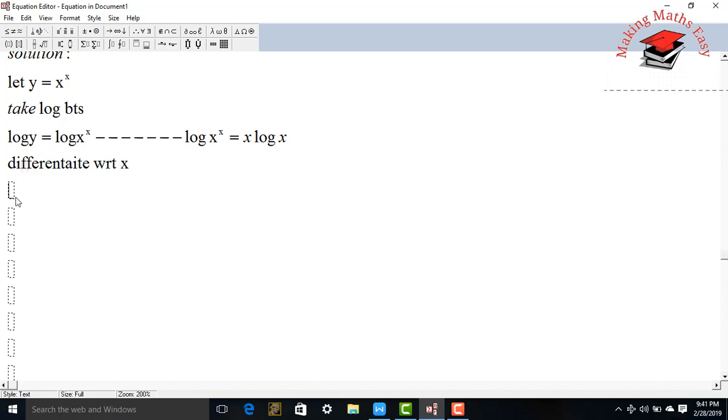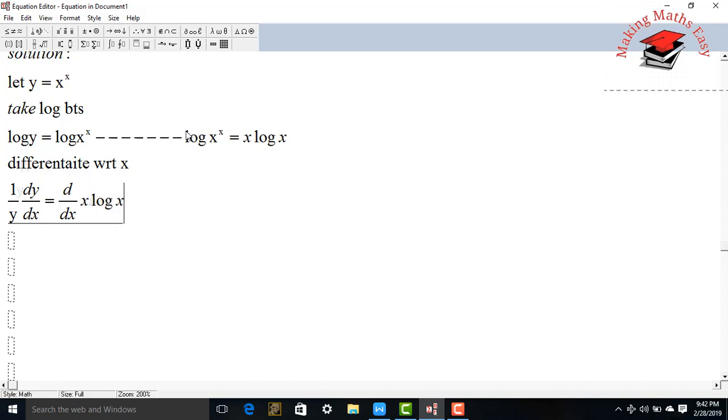So log of y will be equal to 1 upon y dy by dx in such cases, because never forget to put the dy by dx, because dy by dx is the differentiation of the y function in this case. And now we will put d upon dx of the corresponding function, let's say d upon dx of x log x in this case.